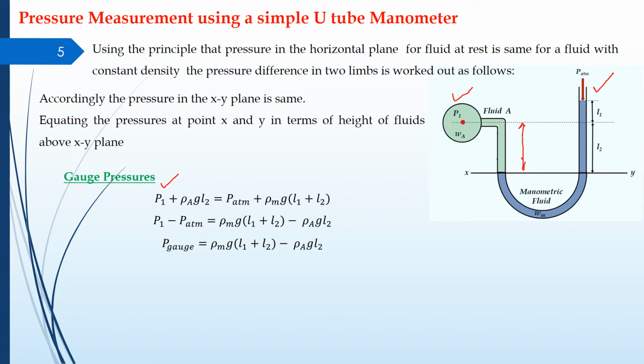That pressure will be rho g into L2, because L2 is the length, or height, of this tube. Rho A is the density of fluid A, and rho A multiplied by g is basically the specific weight that we have written over here. So we have only P1 and the pressure due to the length of this fluid column. We have only two components, and these two will be equated with what?